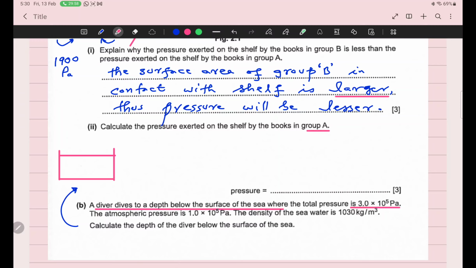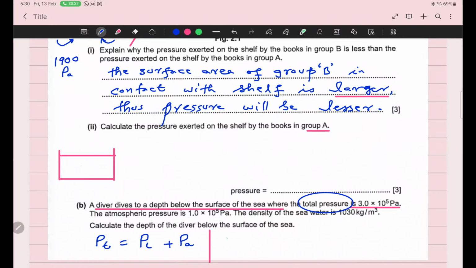Total pressure is given. When we are given total pressure, you know total pressure is equal to pressure of liquid plus atmospheric pressure. Now I am putting the values in this equation.